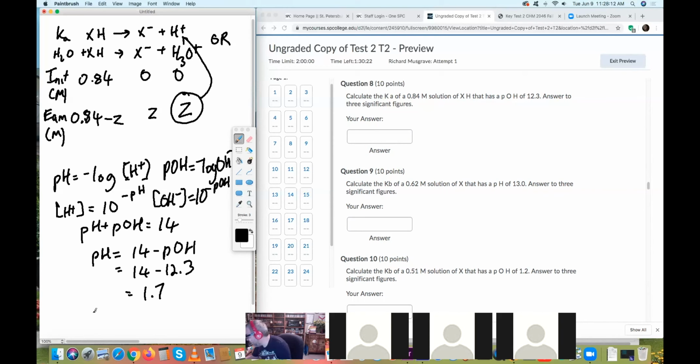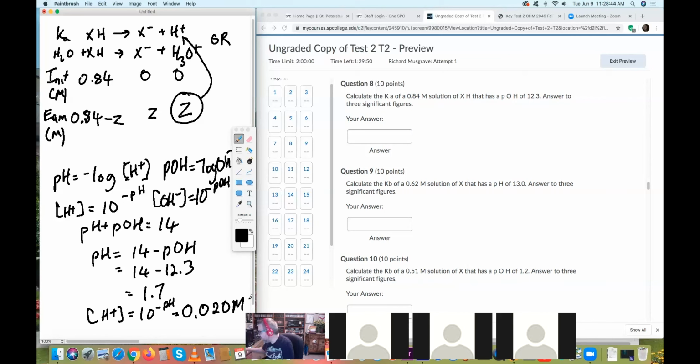And then from there we can get the hydrogen ion concentration, which is going to be 10 to the negative pH, which in this case would be 0.0199 or 0.019 or 0.020, we'll say, molar.